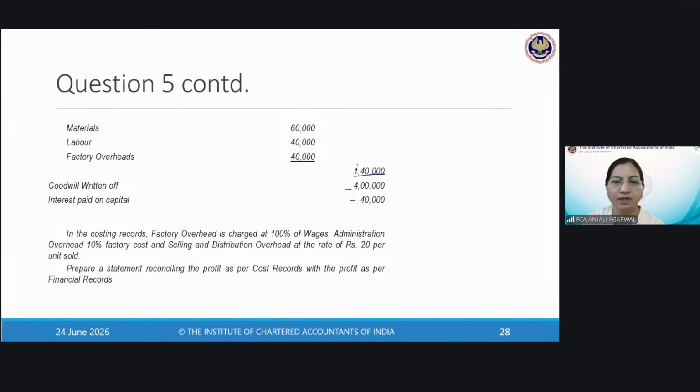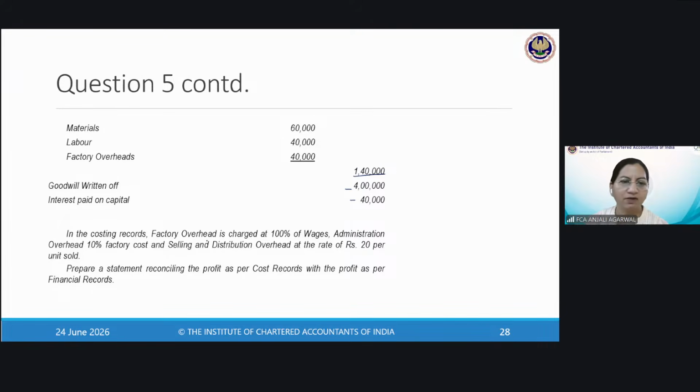First, you have to prepare them both and then reconcile. So here we don't have a financial P&L account, and we don't have cost records. So first we have to find out the profit as per P&L account, then the profit as per costing P&L account, and then we reconcile.